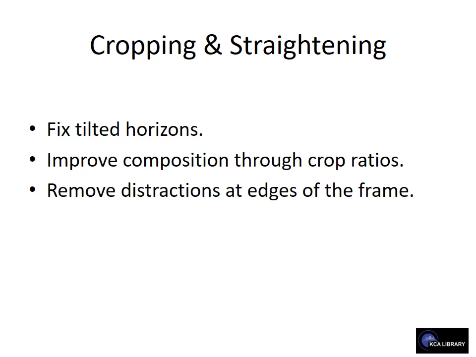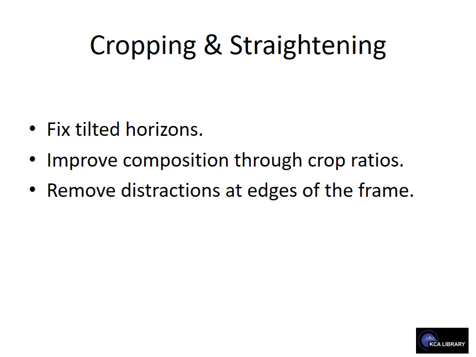Cropping is basically used to change the size or shape of an image by removing unwanted parts, while straightening corrects a tilted photo to make horizontal and vertical lines level. The purpose is to remove distracting elements, reframe the subject or change the aspect ratio to fit a specific use, like social media or printing.